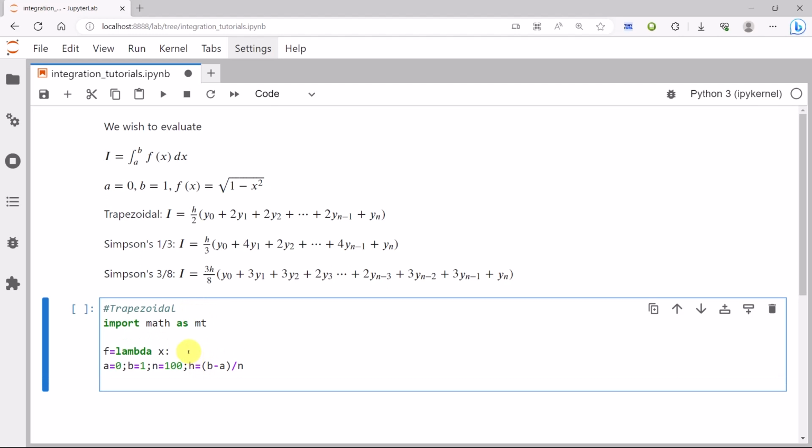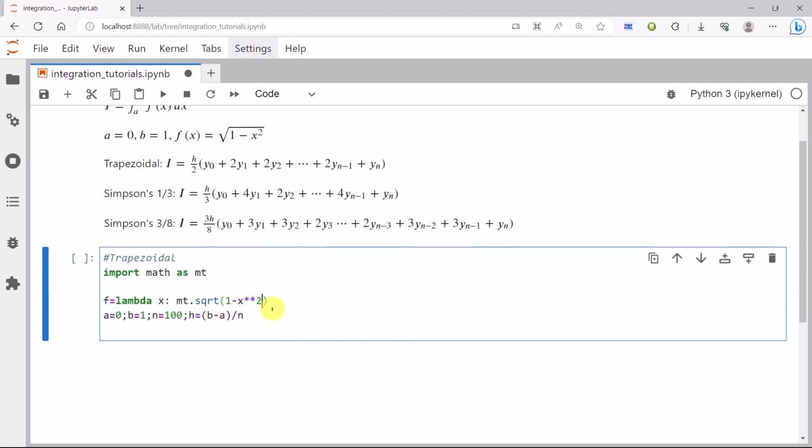So this will be math.sqrt of 1 minus x square. So I have defined my function root over 1 minus x square.